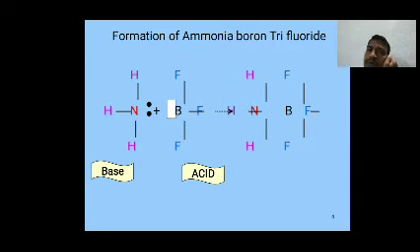Ammonia, NH3, contains one lone pair of electrons on the central nitrogen atom, and boron trifluoride is an electron deficient molecule.